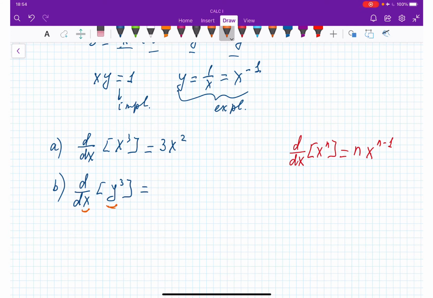They disagree. Therefore, we are going to treat it as a chain rule: 3y to the power 2, and take the derivative of y, dy by dx.